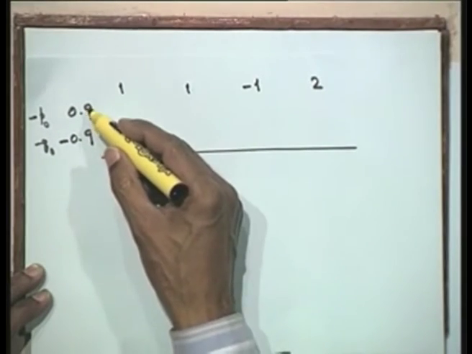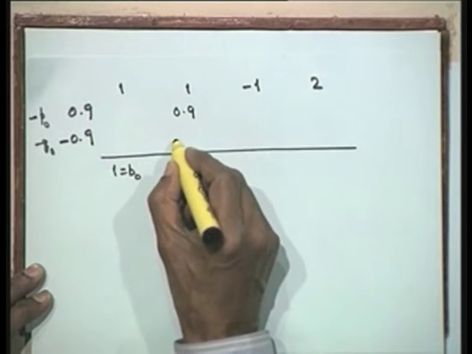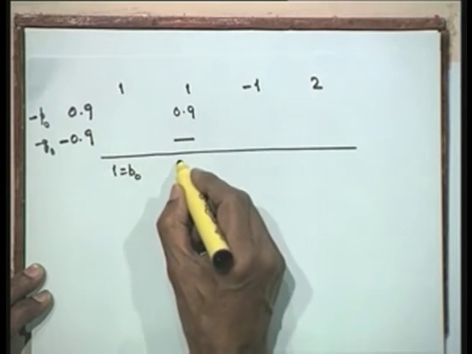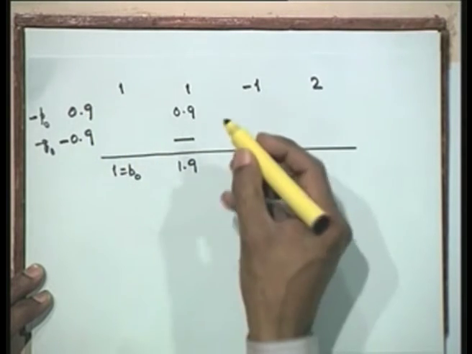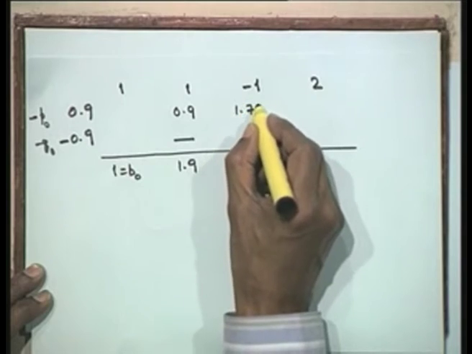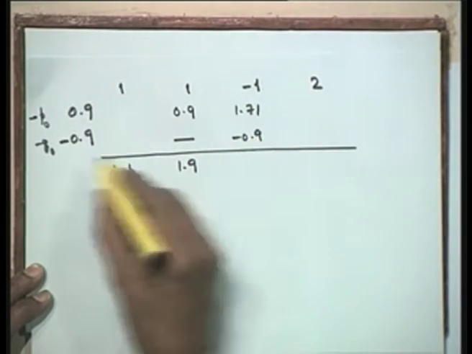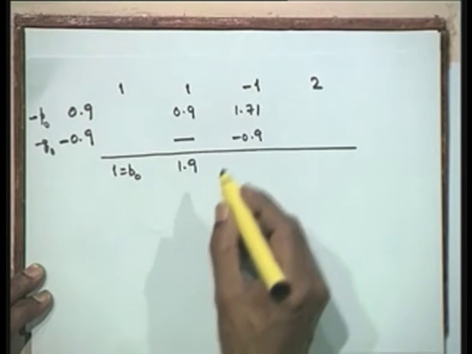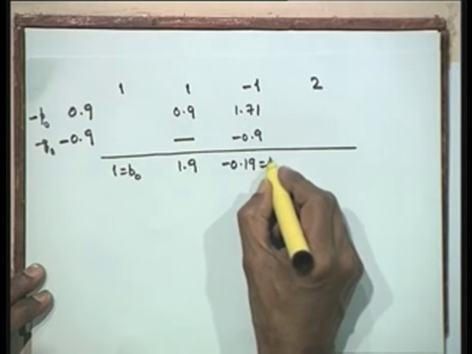So, this is p0 into b0, that is 0.9, plus 1, therefore 1.9. 1.9 into 0.9 gives 1.71, then minus 0.9 into 1, so minus 0.9. These are the two products. We add these two, we get 0.19, which is our b2.